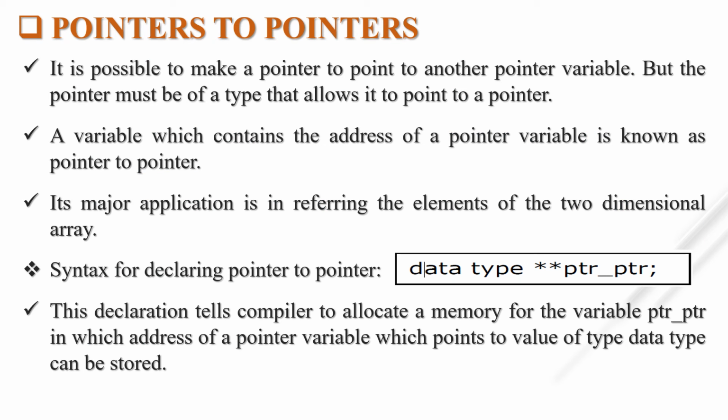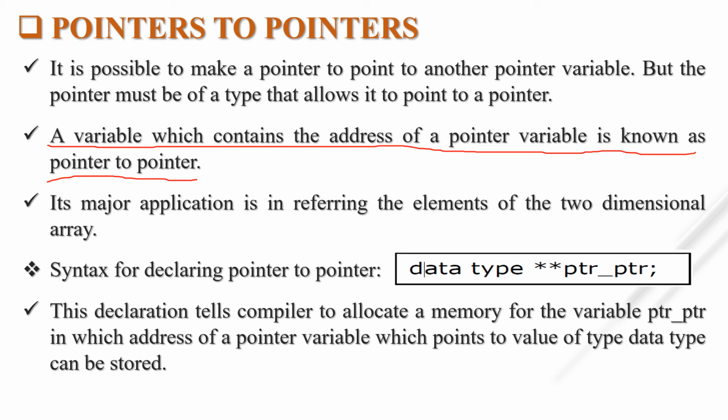So the next most important topic is pointer to pointer. It is possible to make a pointer point to another pointer variable, but the pointer must be of a type that allows it to point to a pointer. So what is pointer to pointer? A variable which contains the address of a pointer variable is known as pointer to pointer.